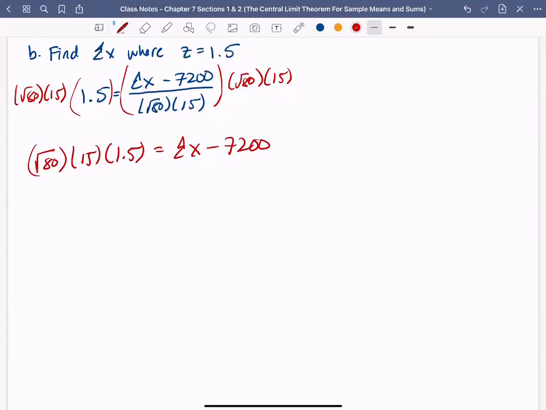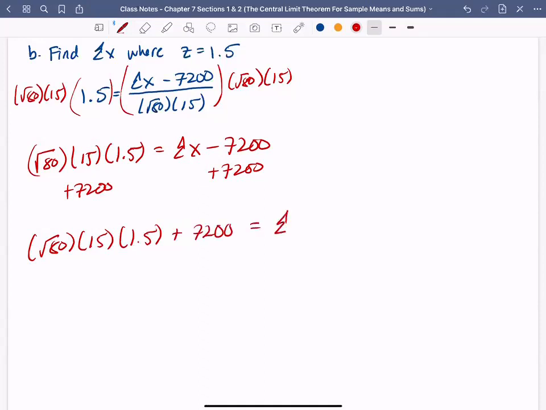And then lastly, we add 7,200 to both sides. So what you really get is the square root of 80 times 15 times 1.5 plus 7,200, which is here.